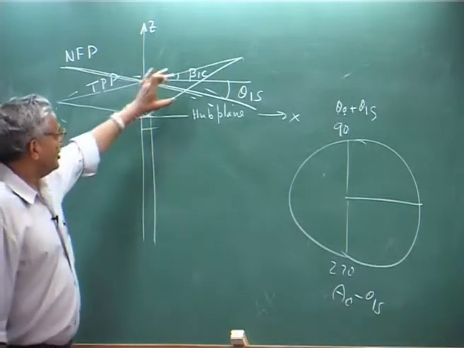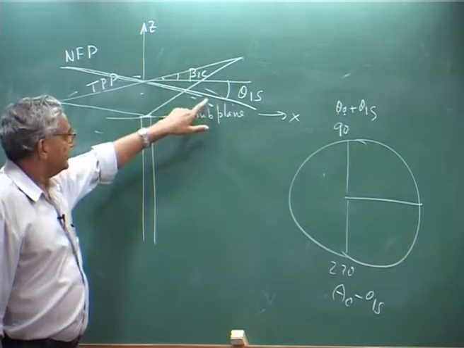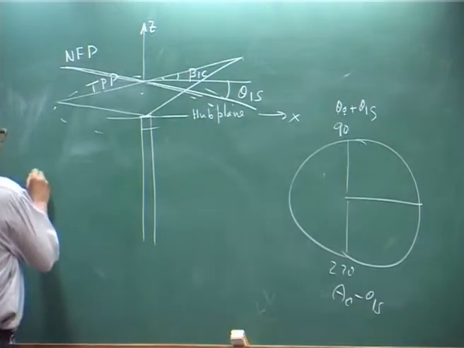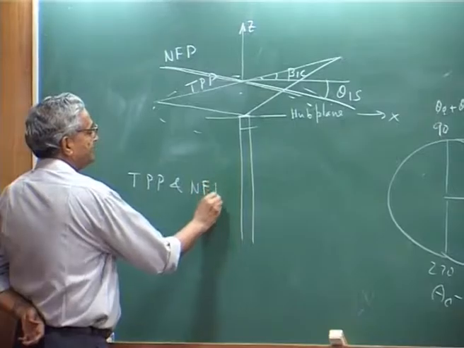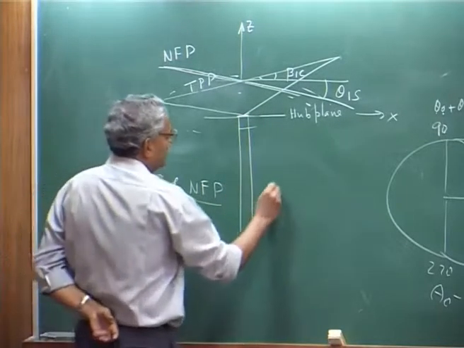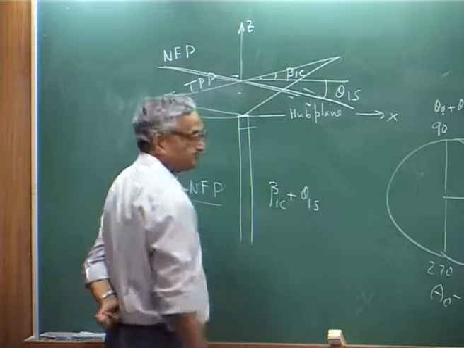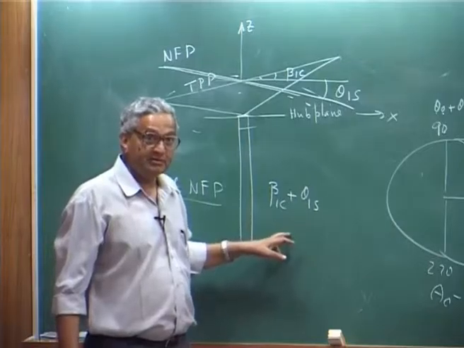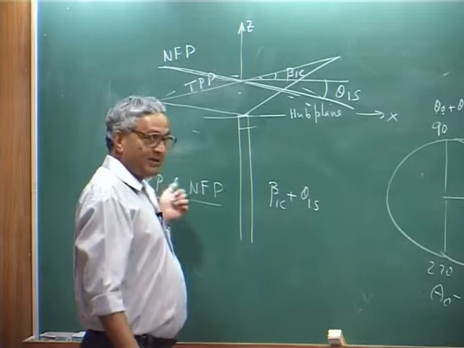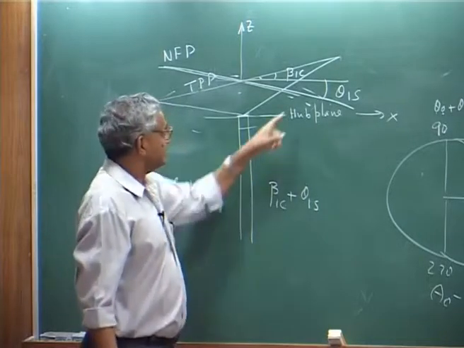Now, if you look at the angle between TPP and no feathering plane, that is what? Beta 1c plus theta 1s. This is the angle between tip path plane and no feathering plane, okay, because that is the angle beta 1.